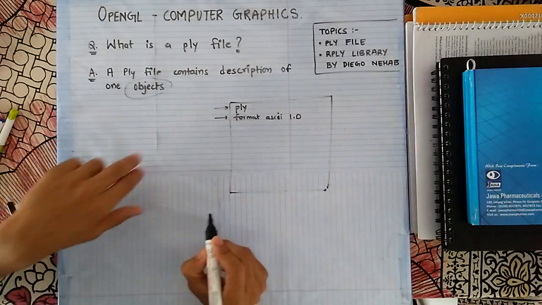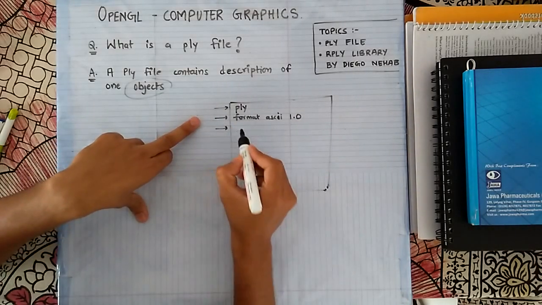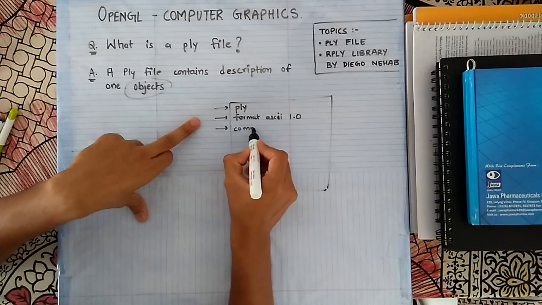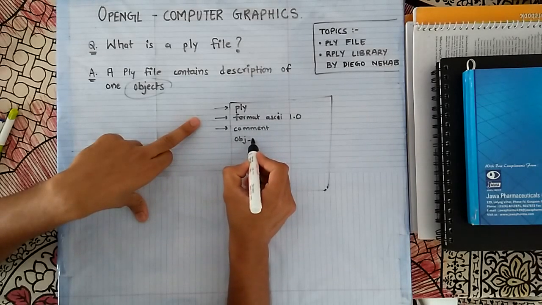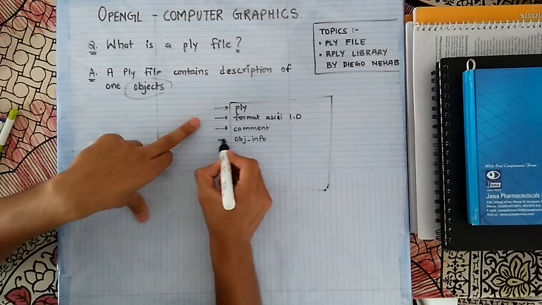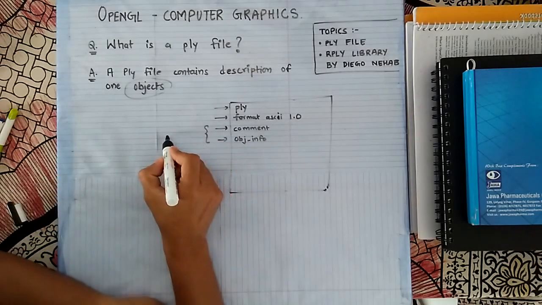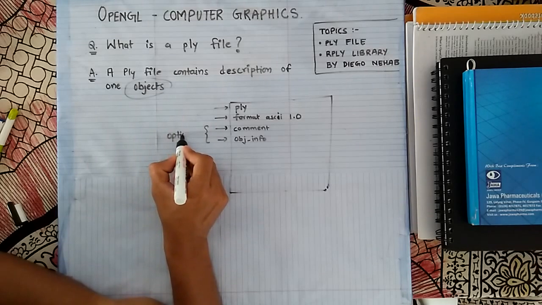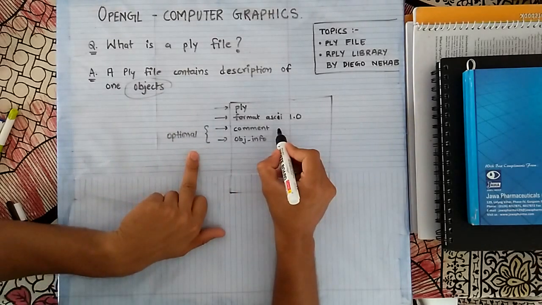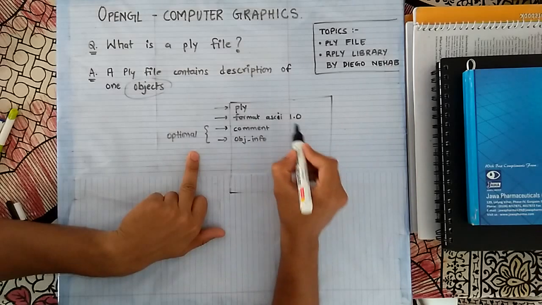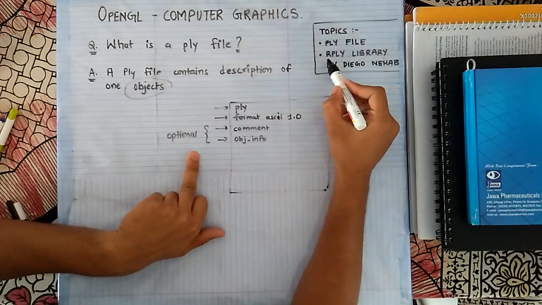Now there are 2 more things which are called comment and obj_info. Both of these are optional. In the comment section you can write anything which is of no significance to the PLY file reader.